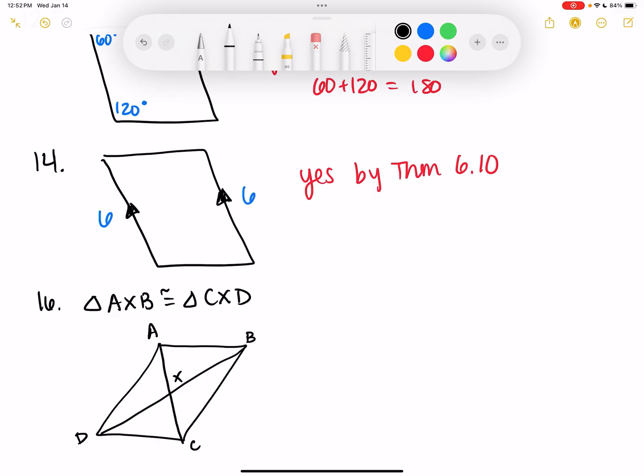So they've told me that these two triangles are congruent, and I'm trying to prove that this whole shape ABCD is a parallelogram.